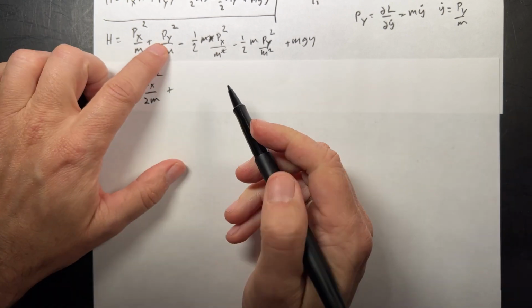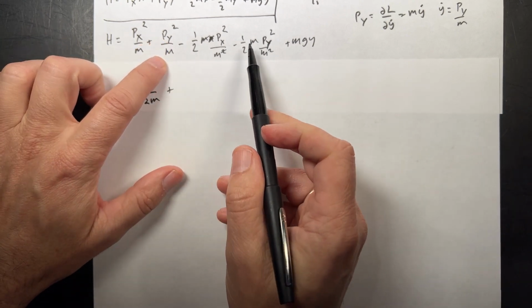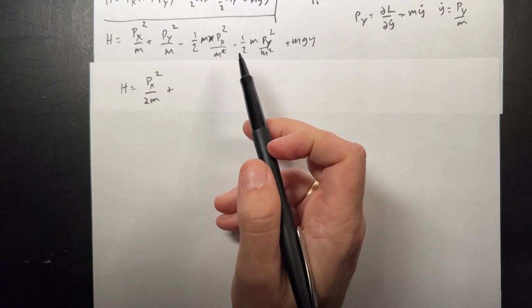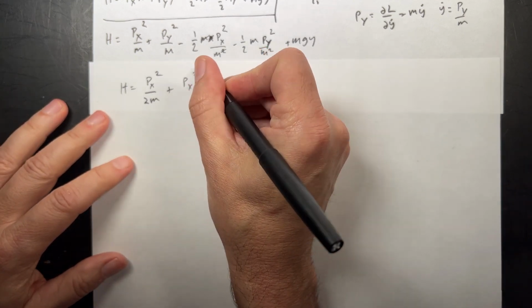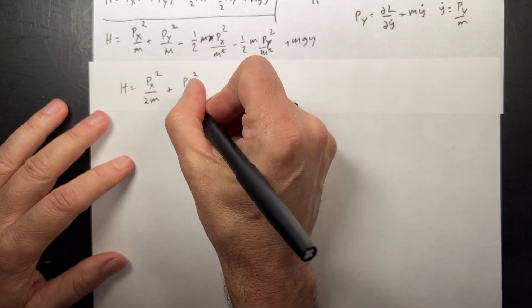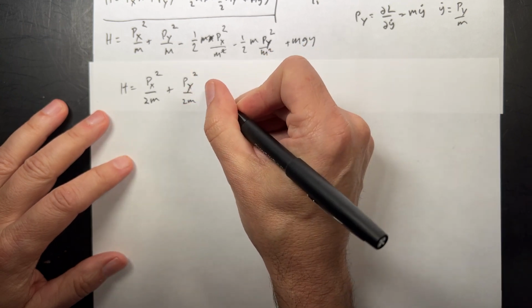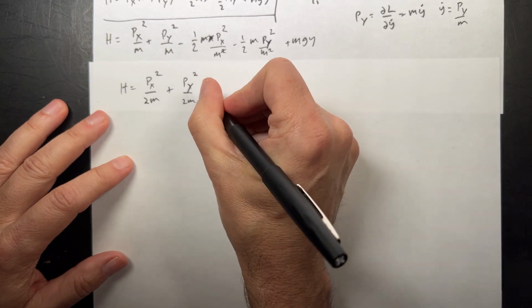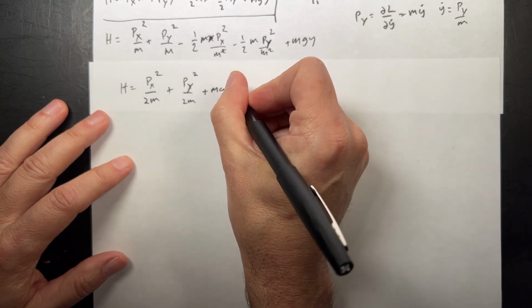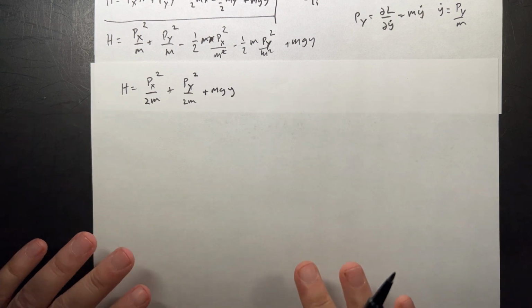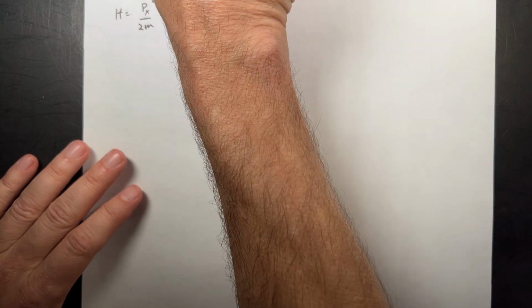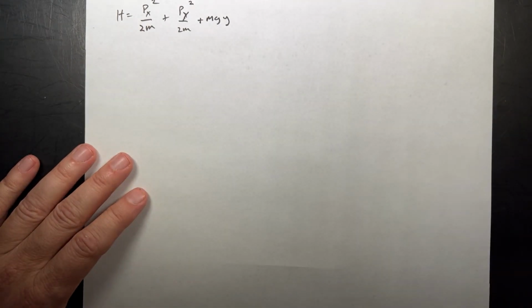Then I do the same thing for y: I have a p_y squared over m and a minus p_y squared over 2m, so I get p_y squared over 2m, and then plus mgy. And that's my Hamiltonian.